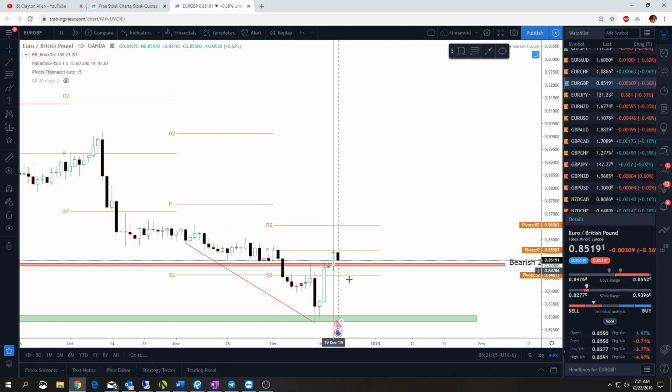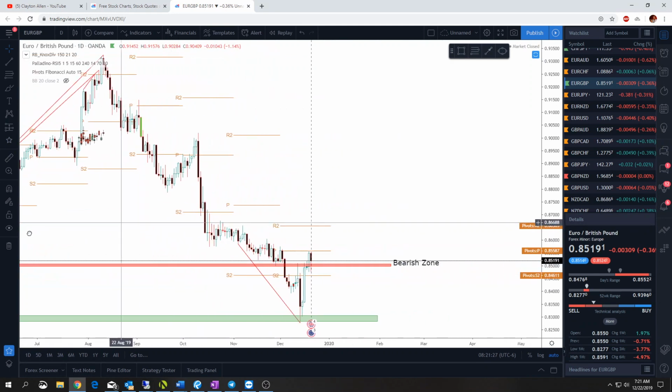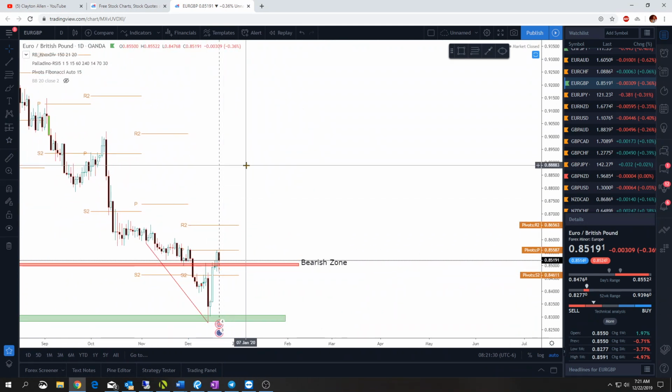So we're sitting right at a point where price is either going to retest and continue up, or this is a false breakout and we're going to get some sort of double bottom back down here.